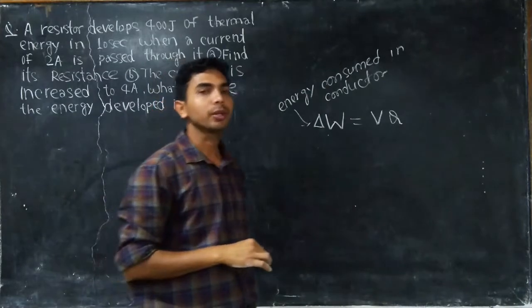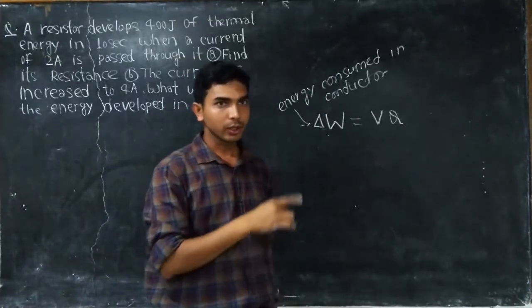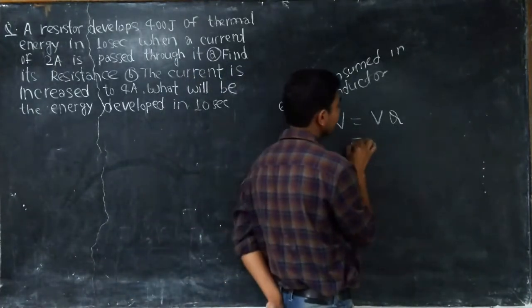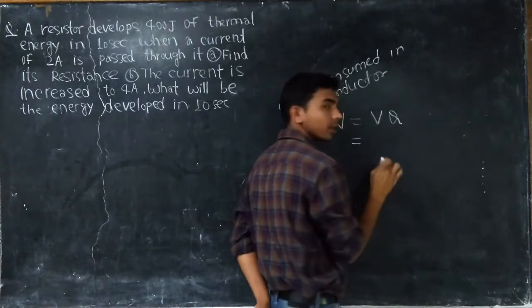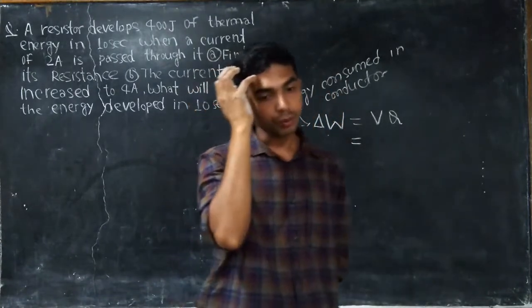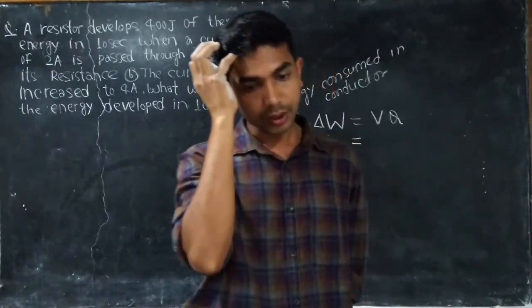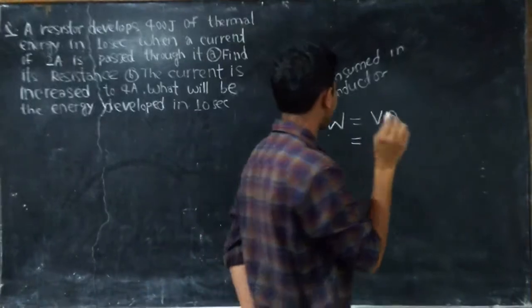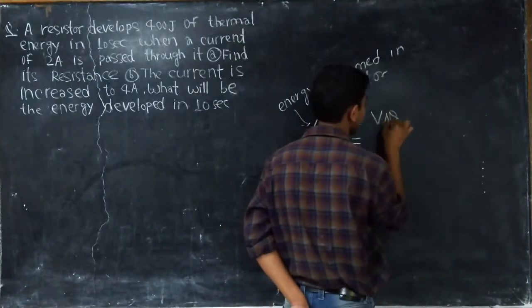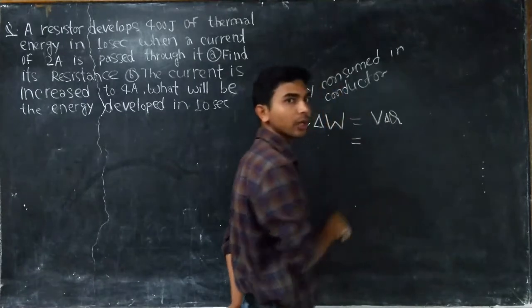Do you remember this formula? V into Q. In that they have written this delta Q, right?